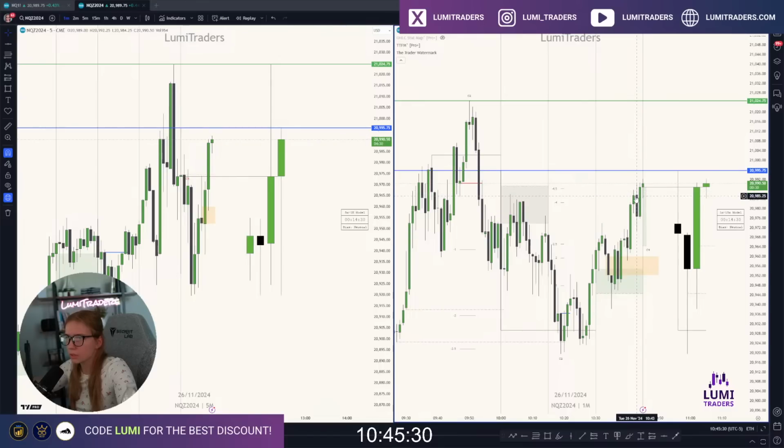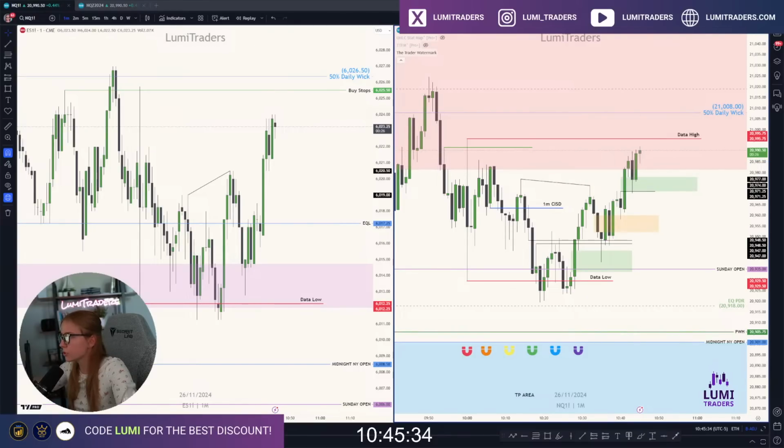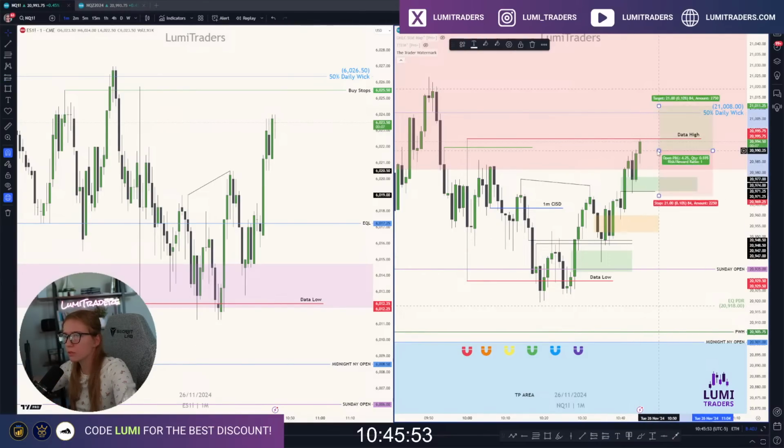I would say if it may hold this OB, if it may create an OB, I can try this long. So if it may hold this OB, not yet, I will try this long.